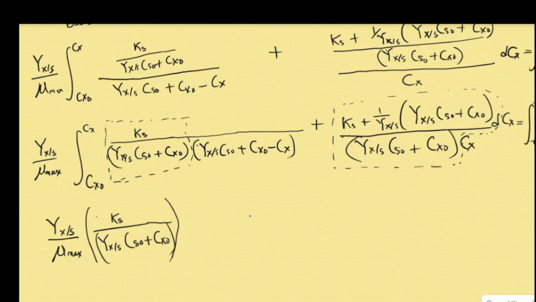So this whole thing is outside this integral. We have Cx naught to Cx. So we have 1 over this integral, which is Y_X/S (Cs naught plus Cx naught minus Cx).